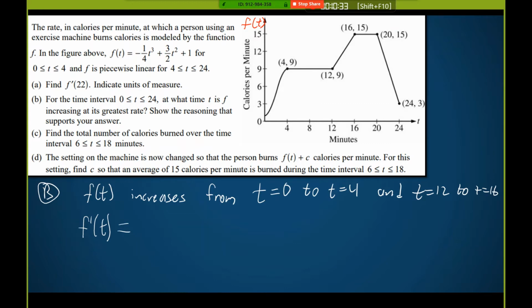Okay, can you set it up for me? So what did you do? Since the y distance between 12 and 16 is 6.